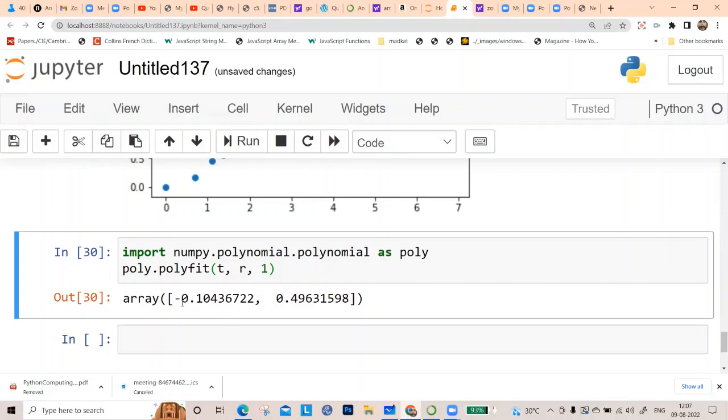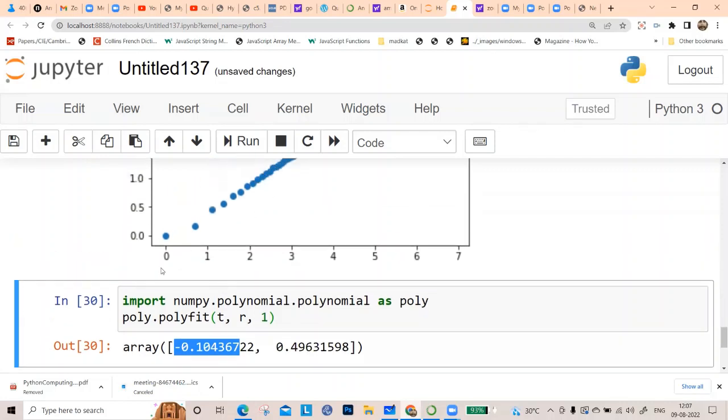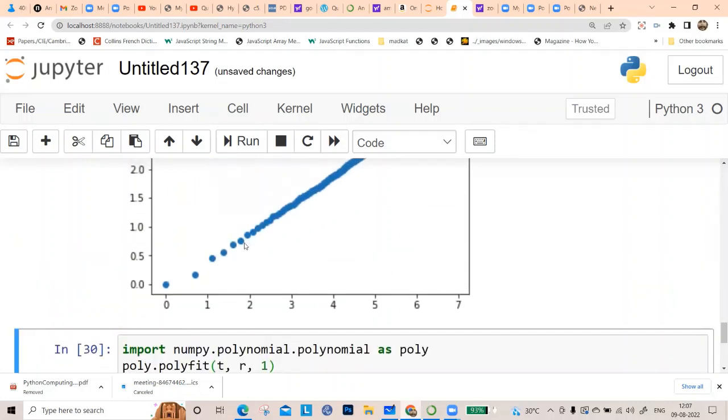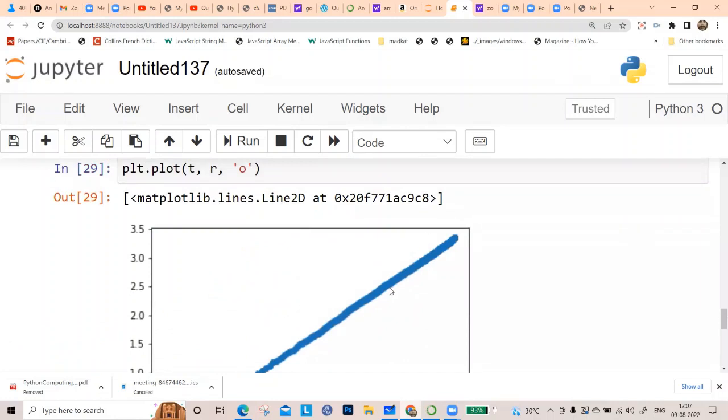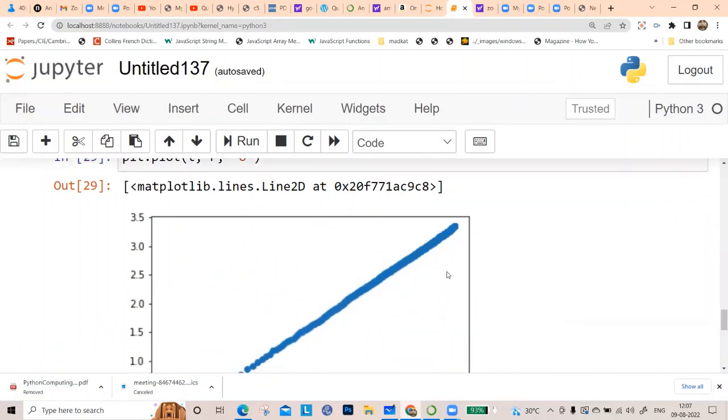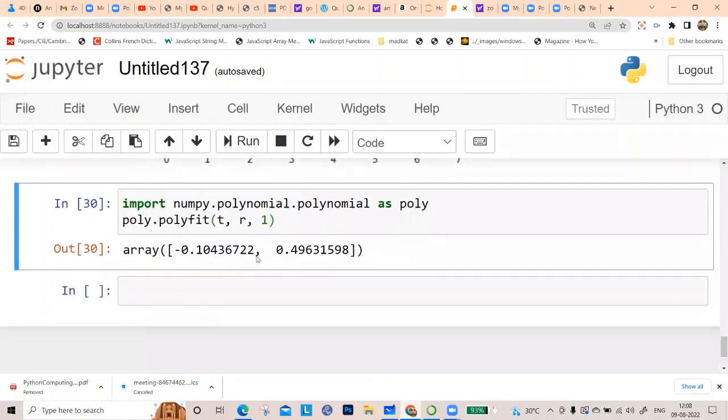Ideally, the intercept should be close to 0, but there are lots of errors and not good data points, because we need to average over many configurations and go for a very long time. Anyway, this is already very close to 0.5, which is the actual result.